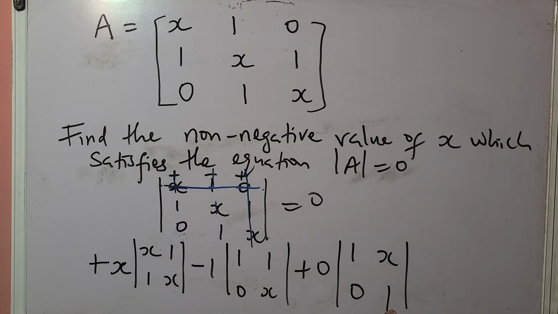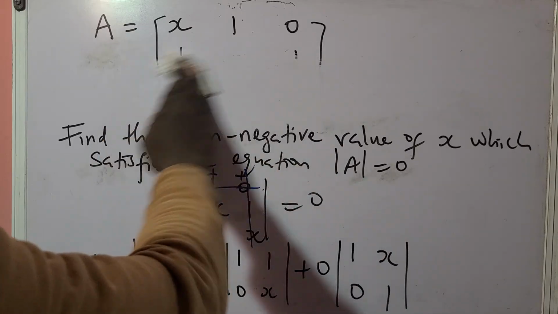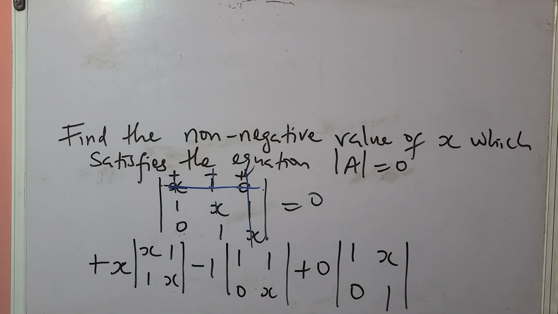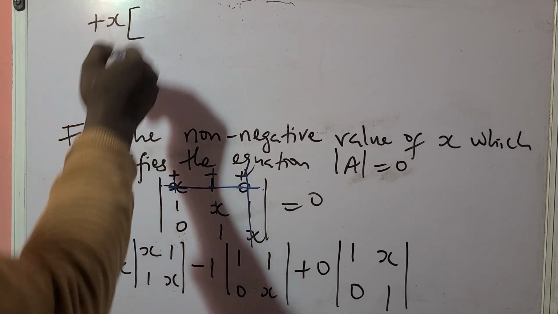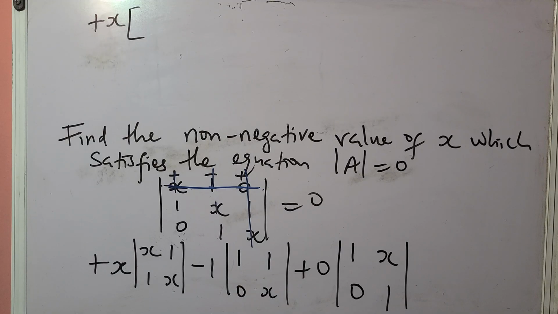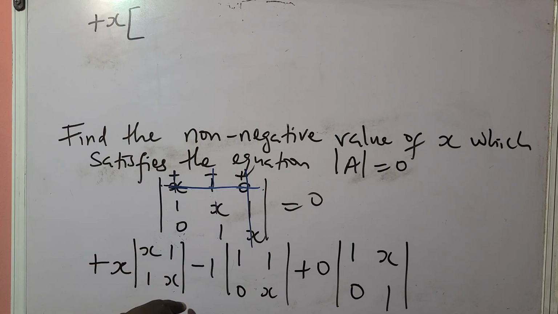So this is the procedure for finding the determinant of a 3 by 3 matrix. You go on to resolve this. So you have plus x, then you resolve the determinant of the new 2 by 2 matrix, which is the multiplication of the leading diagonal minus the multiplication of the other diagonal.